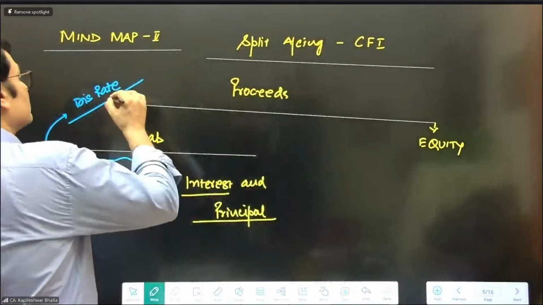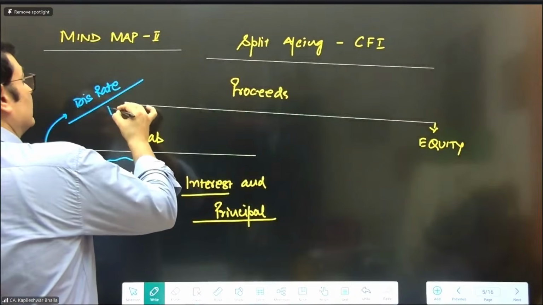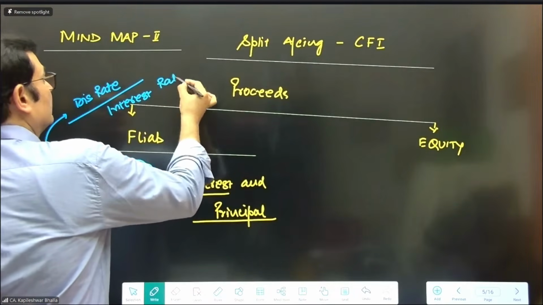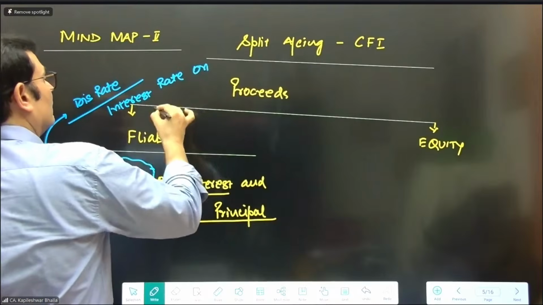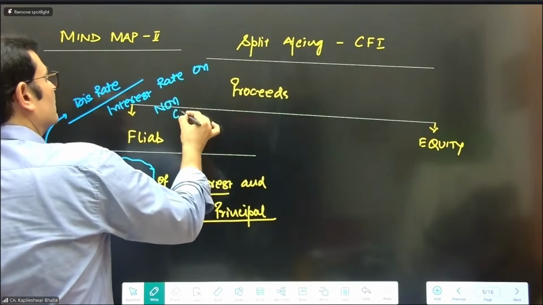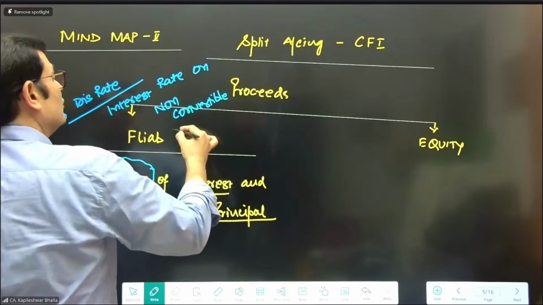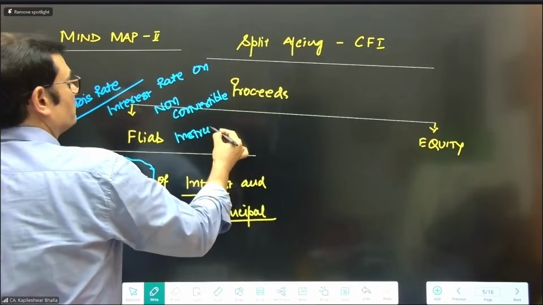So the discount rate is supposed to be the interest rate on a non-convertible instrument.